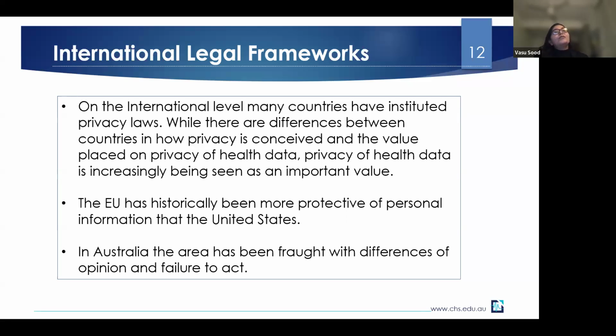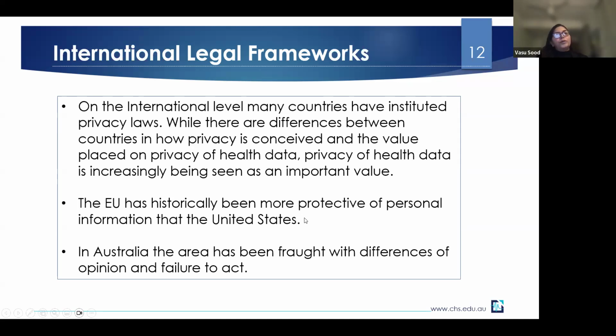At the international level, many countries have established privacy laws to protect personal information, particularly health data. While the specific approaches and the degree of emphasis on privacy vary from country to country, there is a growing global consensus that the privacy of health information is the most important thing, because patient data is the most valuable thing. So every country has its own laws for protecting patient data.